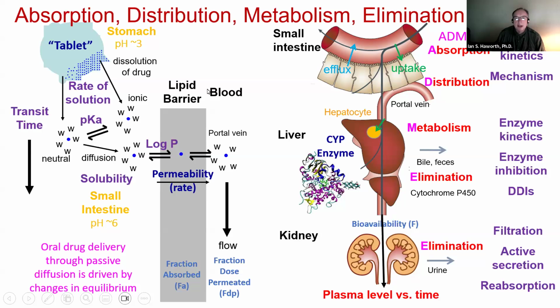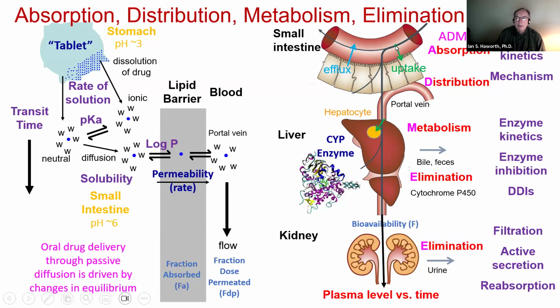here we've now got the small intestine. So everything on the left is happening here in the small intestine. But we've also got other mechanisms of absorption. The most important other mechanism for small molecules, at least, being transporters. So there are transporters that can carry drugs from the small intestine into now not a lipid barrier, but a cellular barrier, into the epithelial cells that line the intestine.